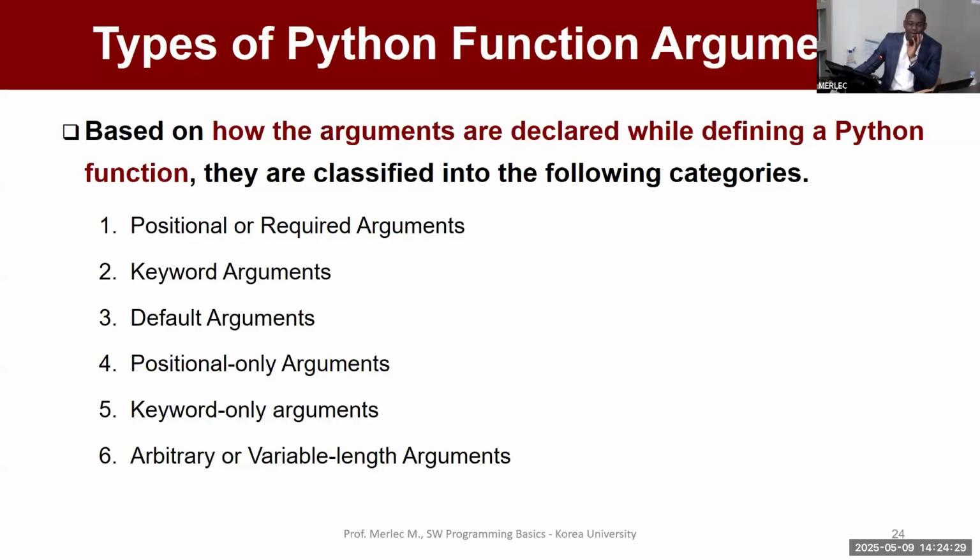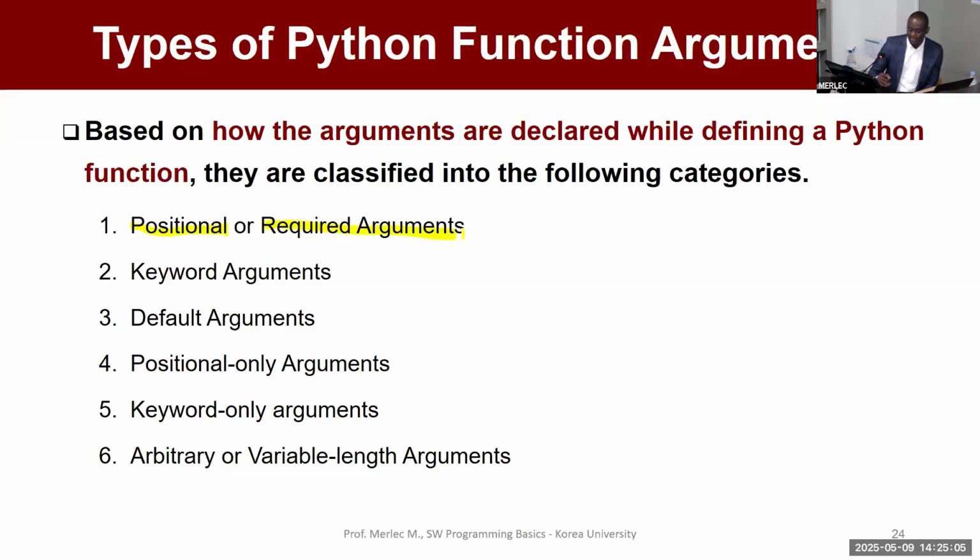Okay. Here are a few types of function arguments that are supported by Python functions. Based on the type of the parameter or argument you send, this will affect the behavior of a function. So we have 6 main types of arguments that can be passed to the function. The first one is positional or required arguments.